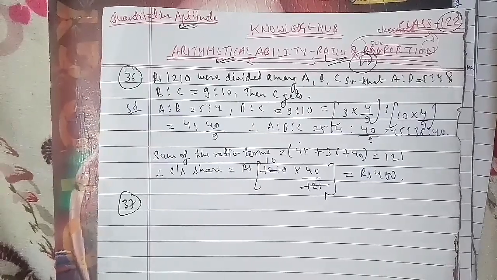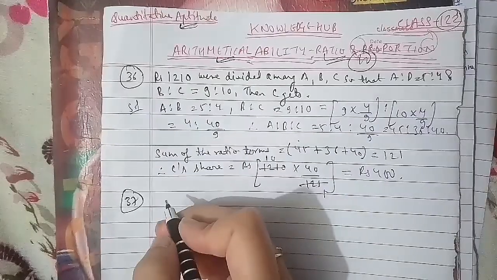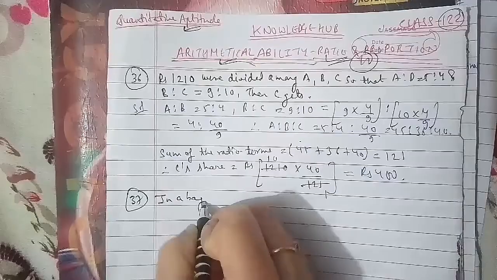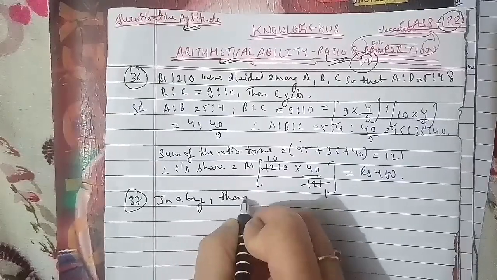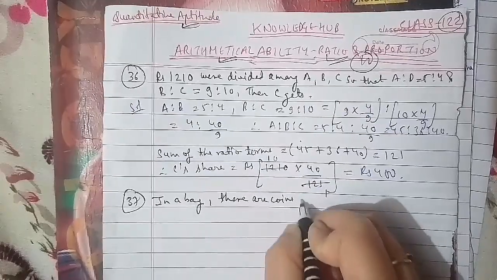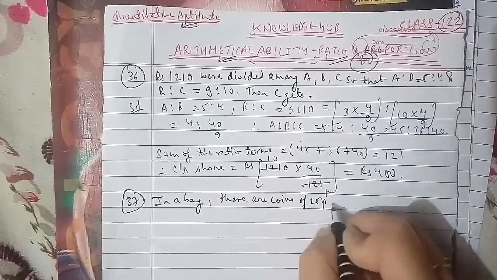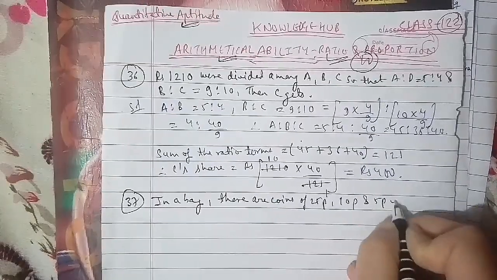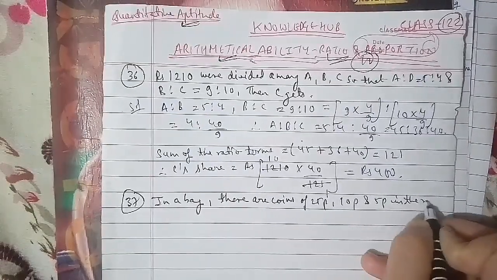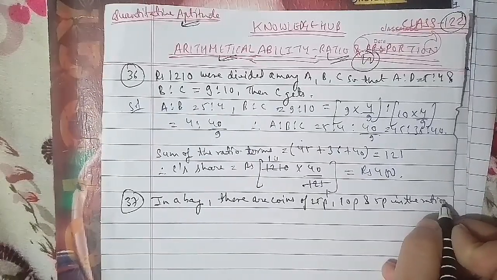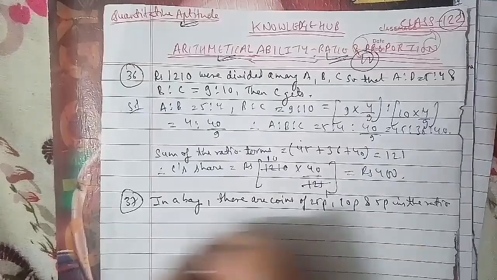In a bag there are coins of 25 paisa, 10 paisa and 5 paisa in the ratio of 1:2:3.